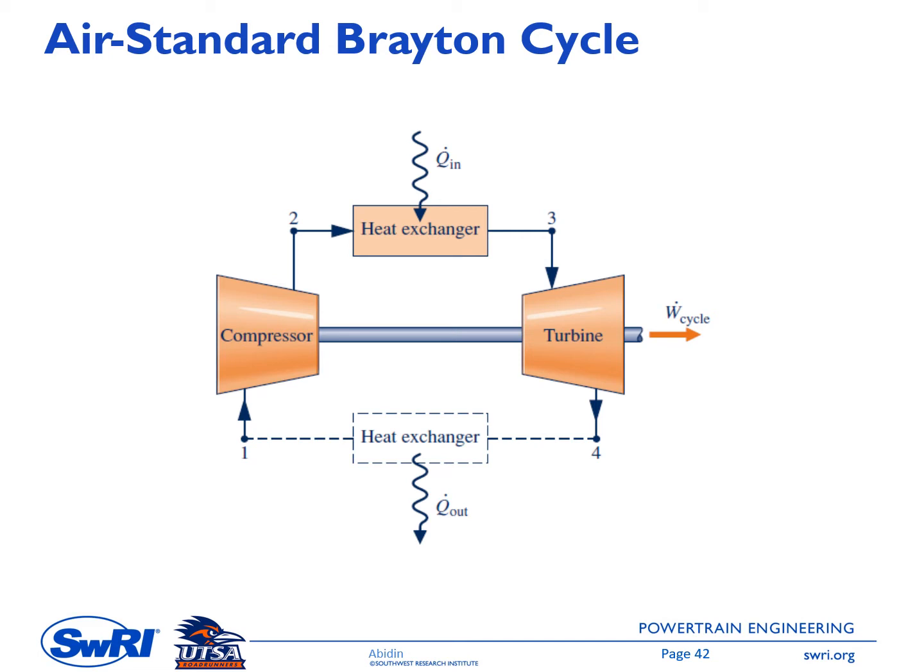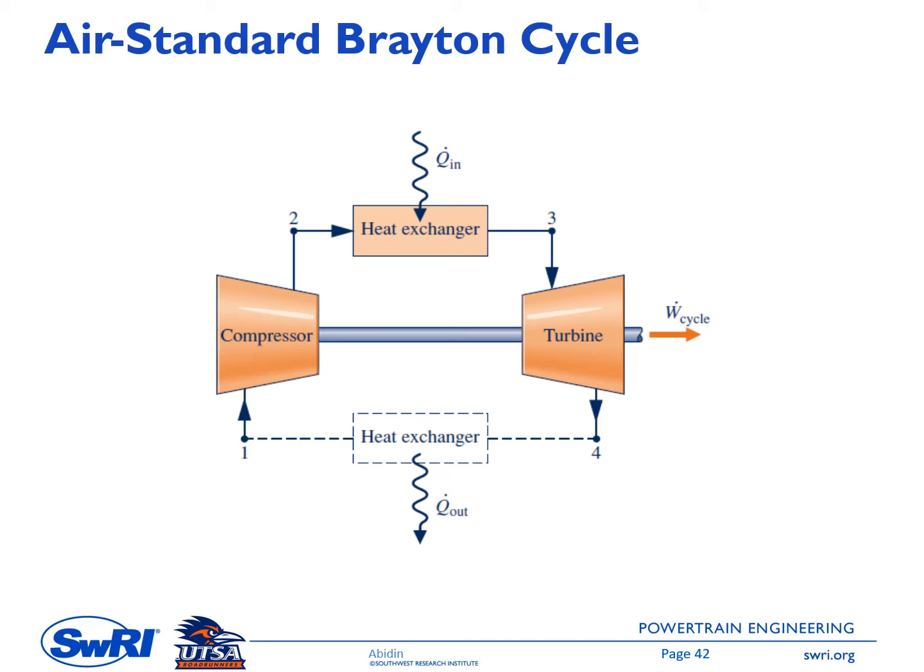And if you look back at the vapor power cycle, we have the Rankine cycle as the basis of the vapor power cycle. So for the gas turbine power system, we have the Brayton cycle as the reference.